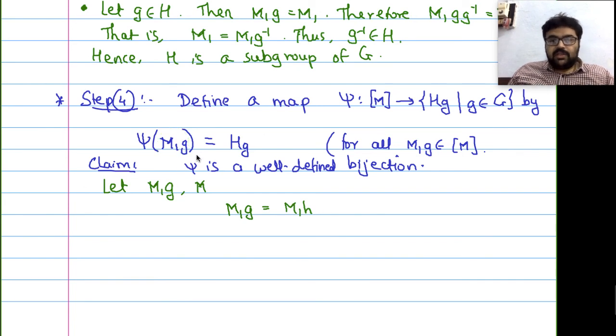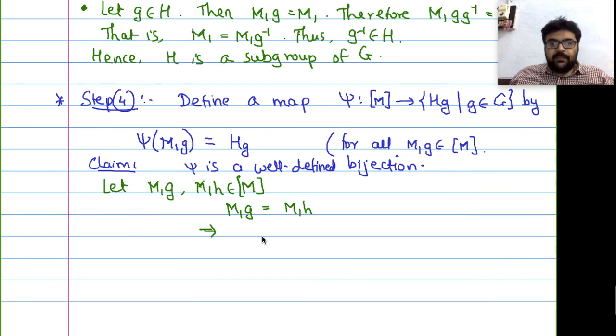See, here the element m1 is fixed, and we are writing m1g, m1h and so on. But sometimes what some people do in exam, I have seen, is they write m1g and m2g, with g remaining the same. Here it is an equivalence relation, so it is fine. It makes sense, but otherwise sometimes it does not make sense. So m1g and m1h be in the equivalence class, now m1g equals m1h.